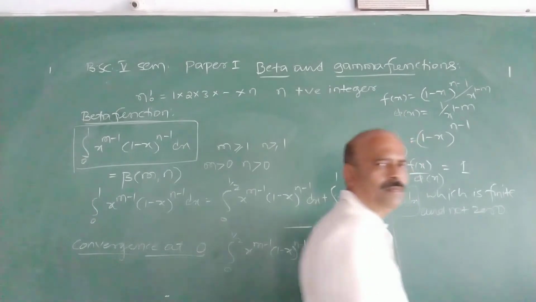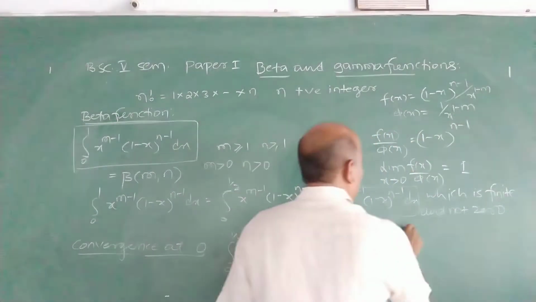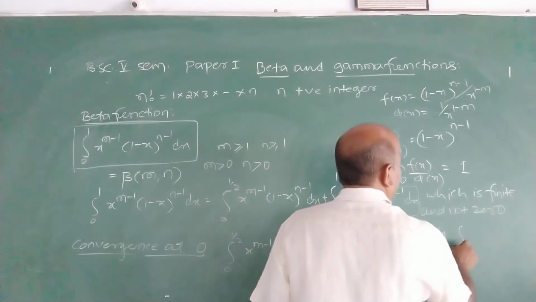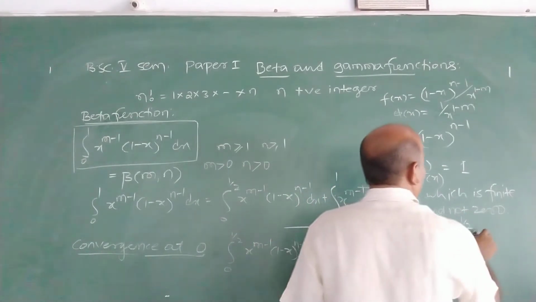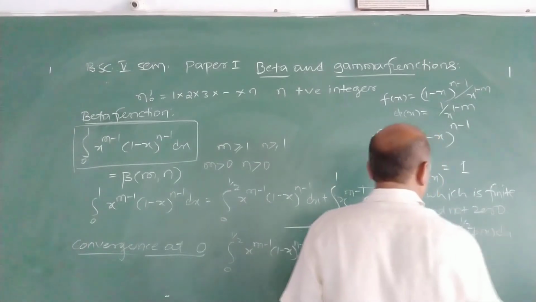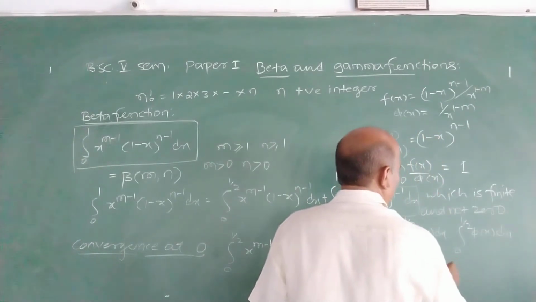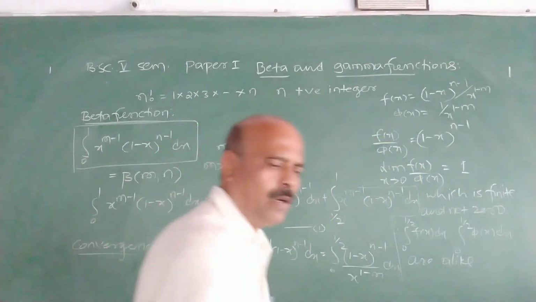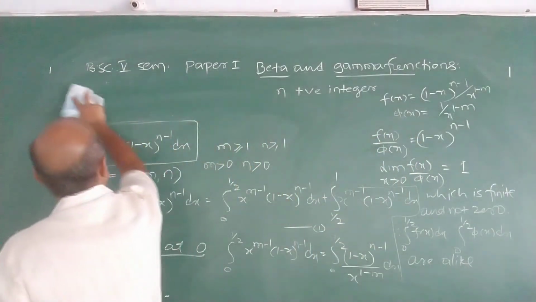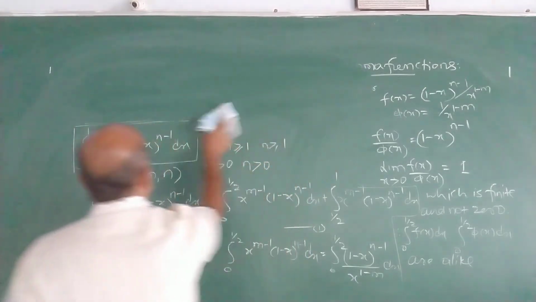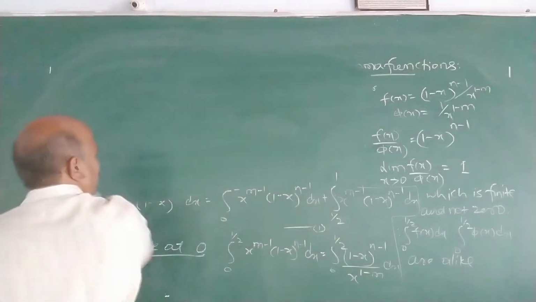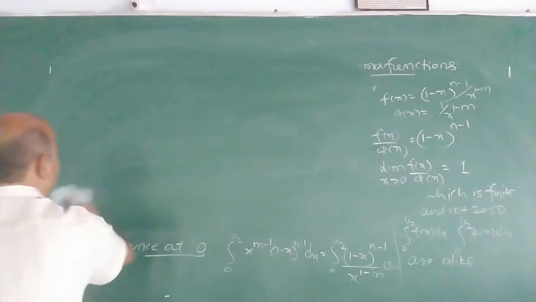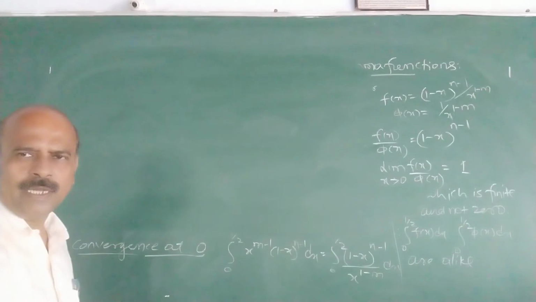Therefore, the integrals of f(x) dx and phi(x) dx from 0 to half are alike. Either both converge or do not converge. But we know the nature of this phi(x). That is the application of this test. It is called the comparison test.